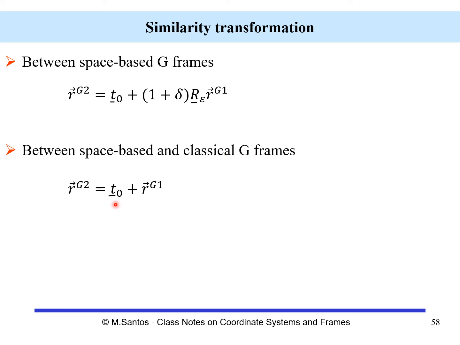But because the relative error associated with these frames was much larger, we would apply just the 3 translations. So among space-based G frames, 7 parameter transformation; among classical and space-based, the 3 parameter transformation. That was the usual case.